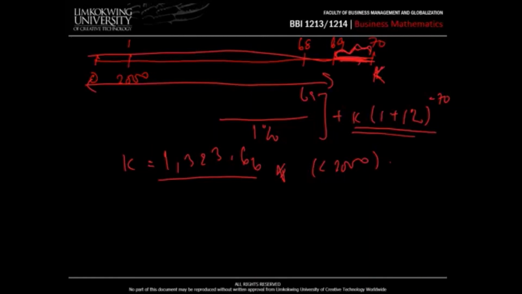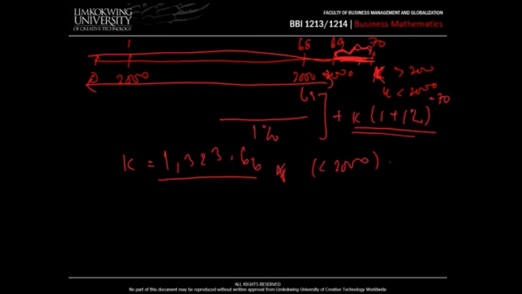So here we consider it fixed until 2000. Here also 2000. Here the value of K might be greater than 2000 or less than 2000. Just now greater than 2000, so here might be less than 2000.